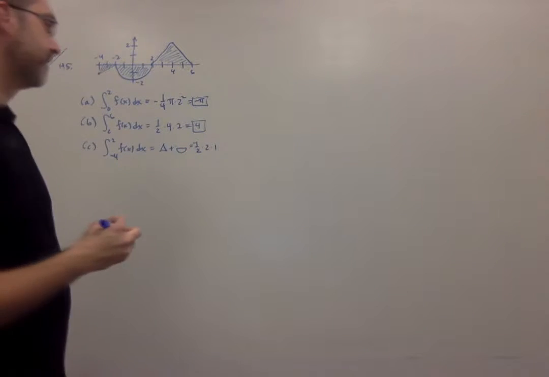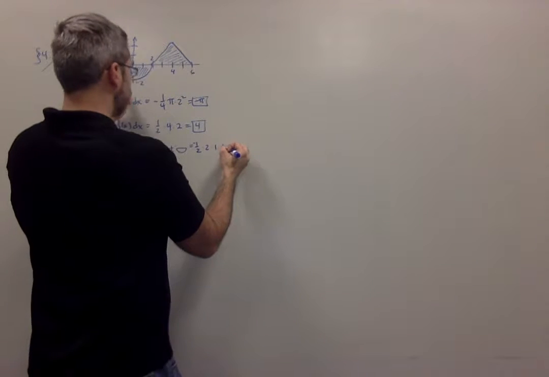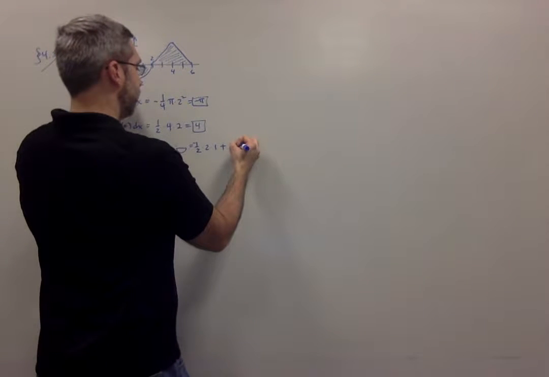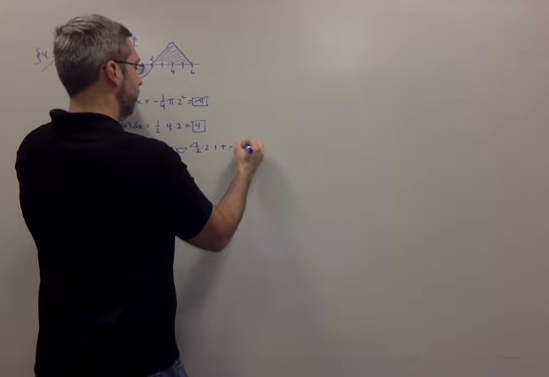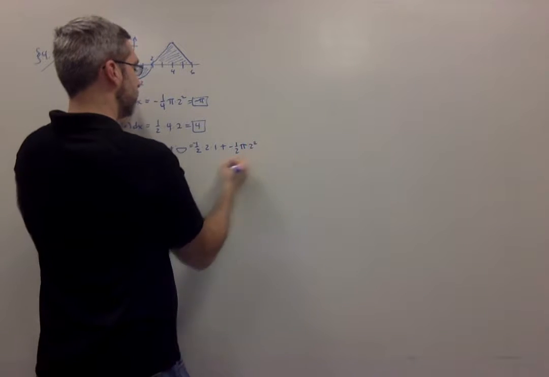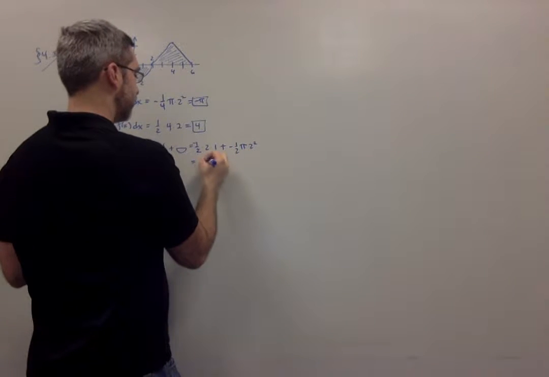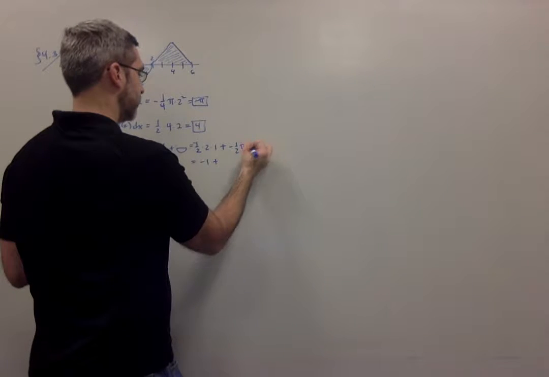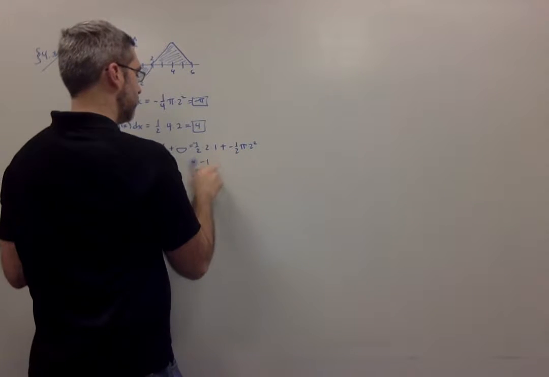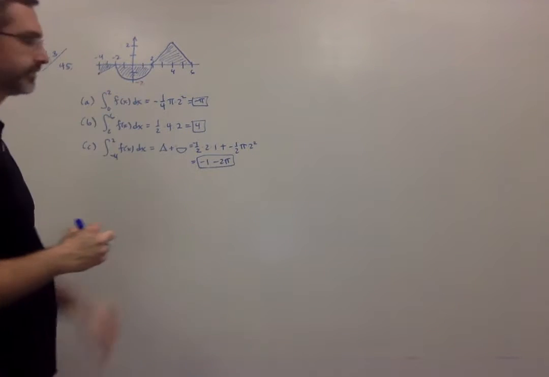That's a negative area. The half circle is going to be -1/2 of the circle, pi times the radius squared. So this first thing is -1, and the second thing is -2 pi. So that's the area right there.